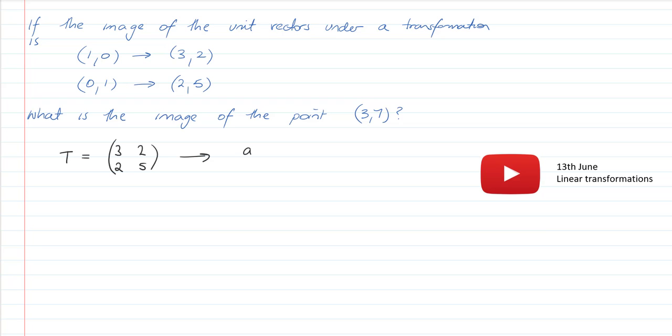We've got some transformation (a, b, c, d), and when we multiply this by (1, 0), we get (3, 2).